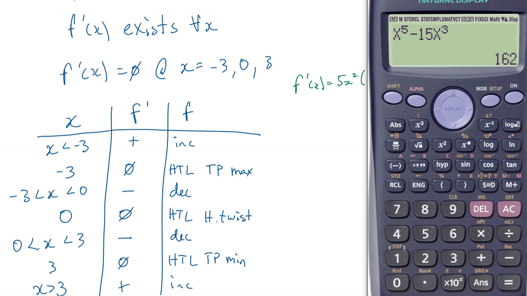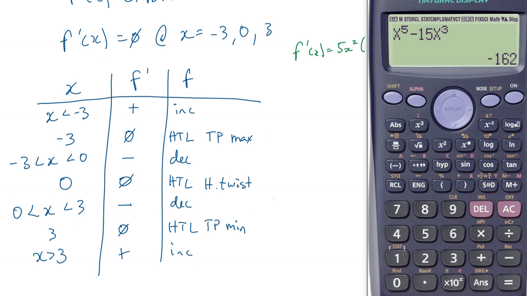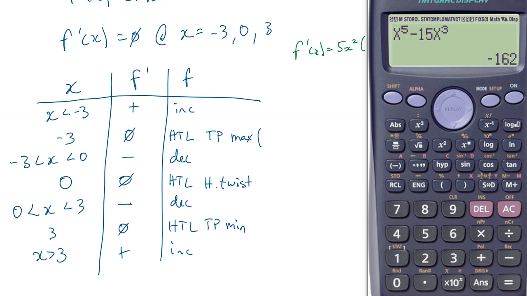What did I do wrong? Oh, I have to hit equals. Negative 162, right? So, I was pretty fast. Maybe faster than typing them each in, I don't know. If I had to do a bunch more values, definitely it would save me some time. So this one was negative 3 and positive 162. This one's 0, 0. And this one was positive 3, negative 162.